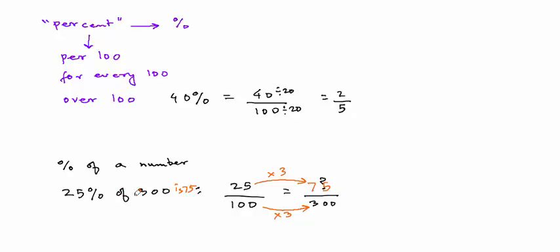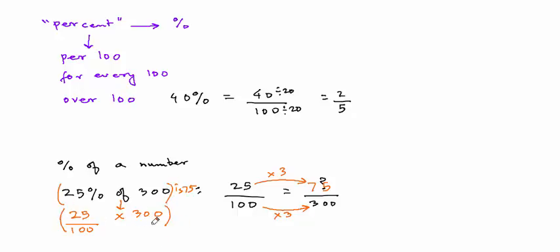Another way of doing this problem is, of course, to think of this word "of" in English as the operation multiplication in math. So when we talk about 25%, 25 over 100, "of" means multiplication, always times 300. So this translates to this math expression.